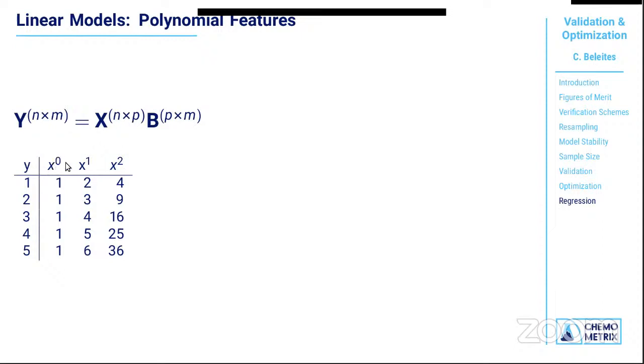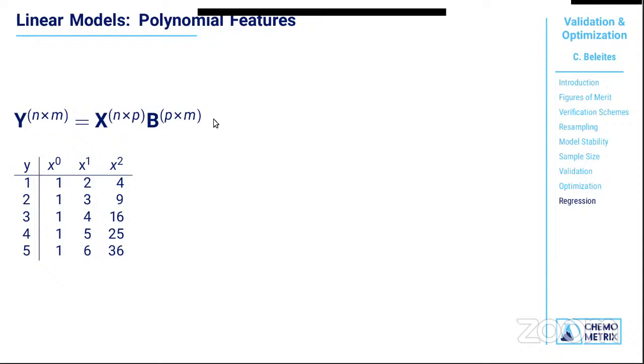And the 0 is actually the trick I've been referring to before, because x to the power of 0 is always 1. We get here a column that is always 1, and this will make the corresponding coefficient in our model be an offset.